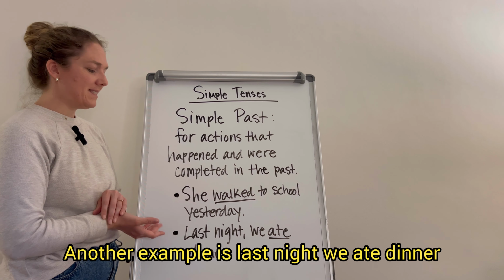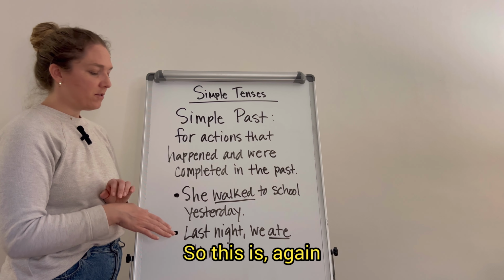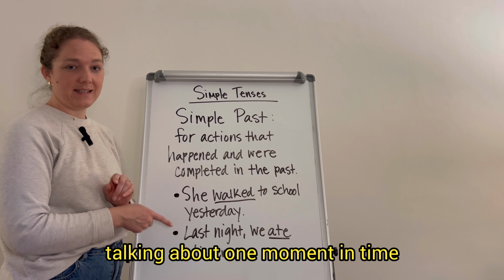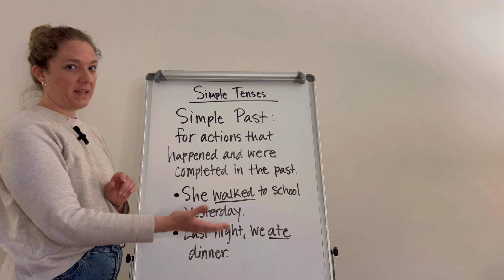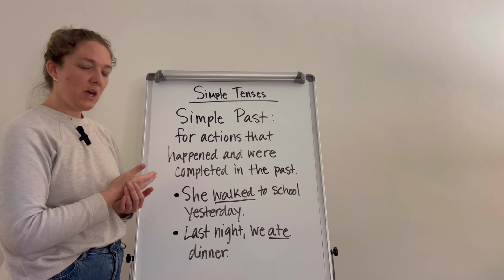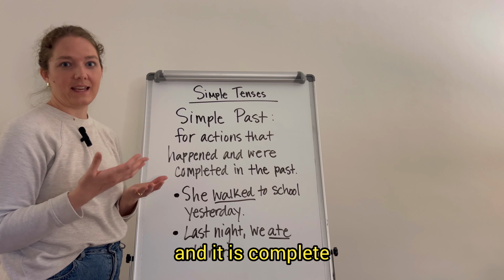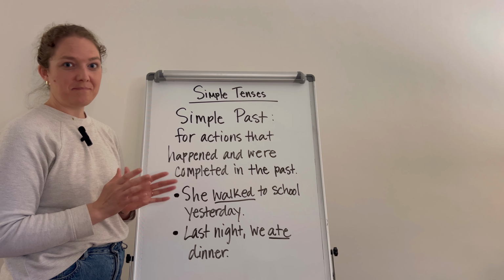Another example is: last night we ate dinner. Again, this is talking about one moment in time. We ate dinner last night. It happened in the past. The action happened in the past and it is complete. It happened and is finished.